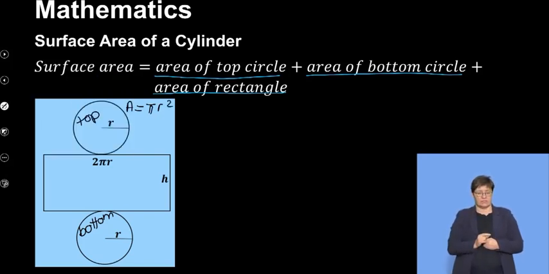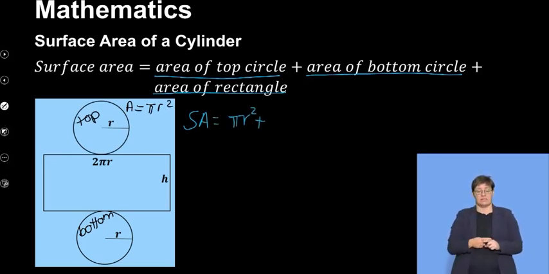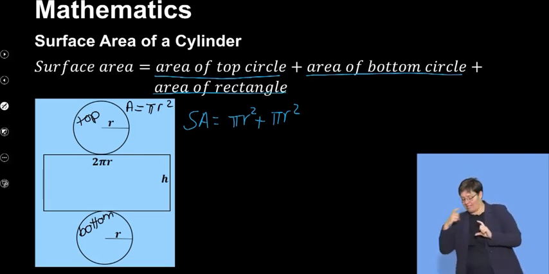So if I'm thinking about the surface area of a cylinder, I'm going to have pi r squared plus pi r squared because I have two circles involved. That's going to account for my top circle and my bottom circle. What I need to add is the area of the rectangle that comprises the cylinder.